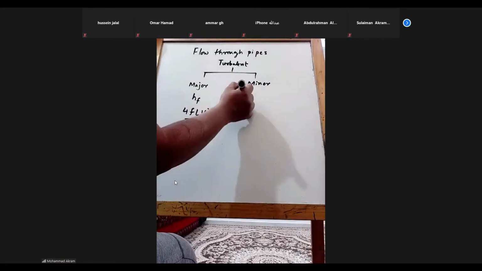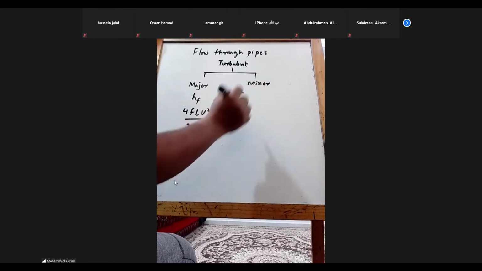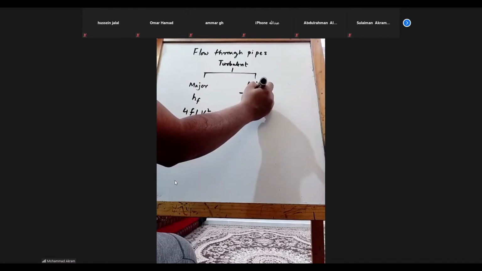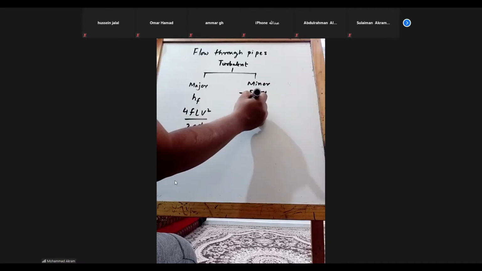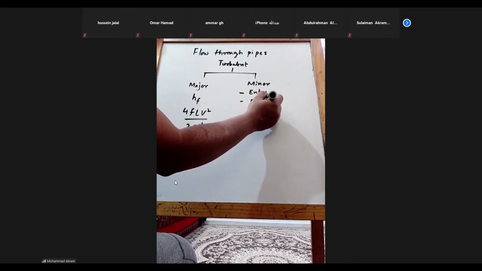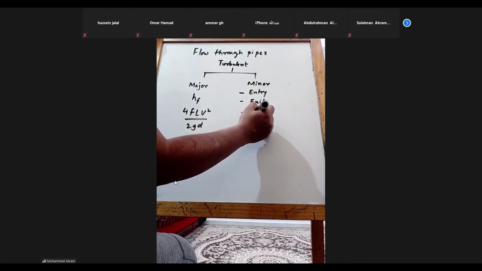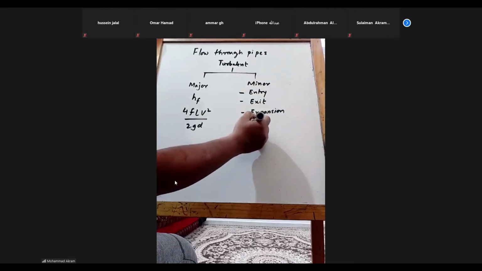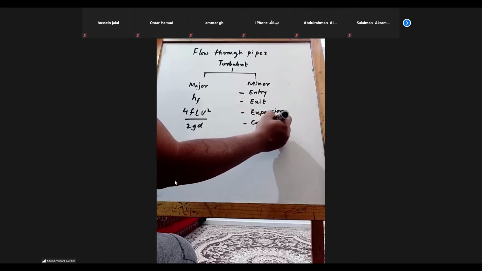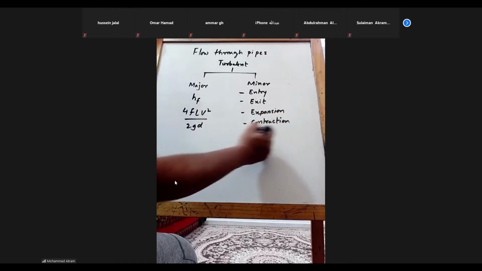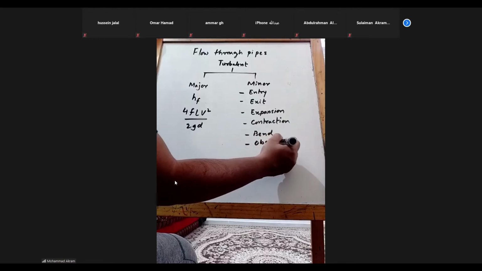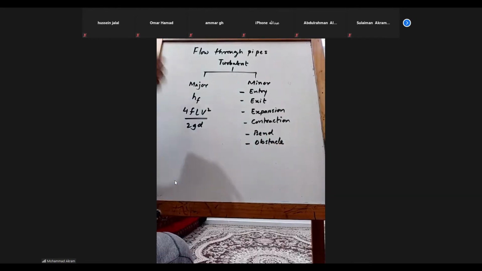Whereas minor losses are related to the loss while it is entering, at the entry, at the exit, or when there is a sudden expansion or contraction, or if there is any bend in the pipe, or if there is any obstacle in the flow. Okay, so these are the different conditions.